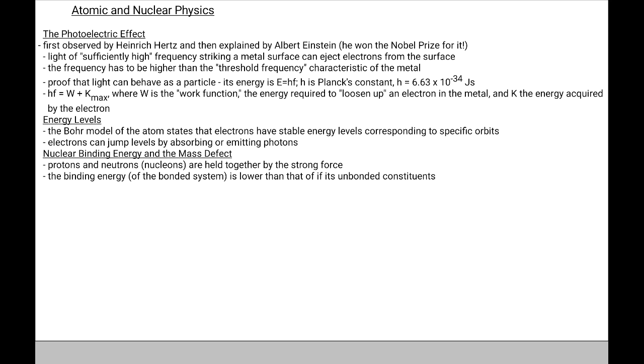So if we compare the energy of the nucleus itself and then the energy of the protons and the neutrons that are inside the nucleus, we notice that there is a difference. Well, that difference is called the mass defect. So the mass defect then has energy E equals delta m c squared, well, delta m is this mass defect.